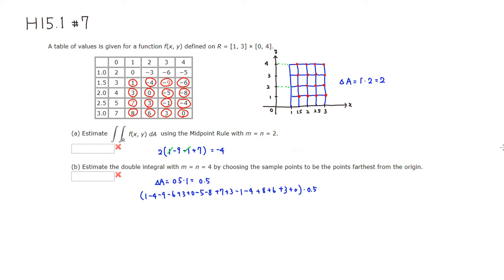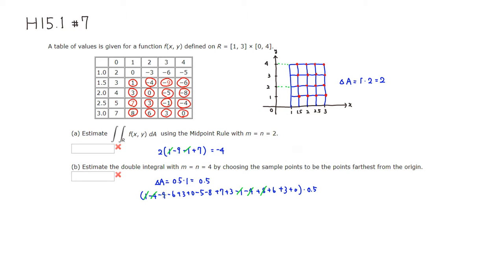First, I'm going to try to cancel as many as possible. You have 1 here, and there's a negative 1. I have negative 4, and there's negative 4 there, so negative 4 and negative 4 and a positive 8 cancel out. Then what else can we cancel?